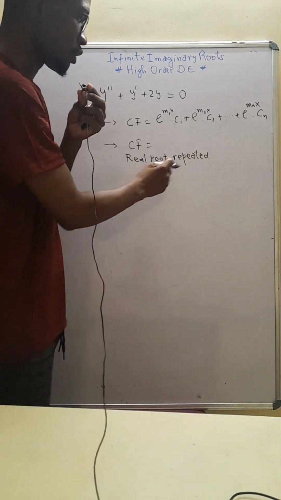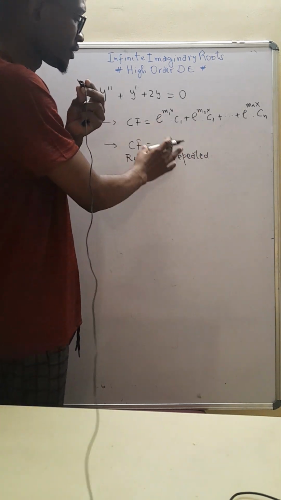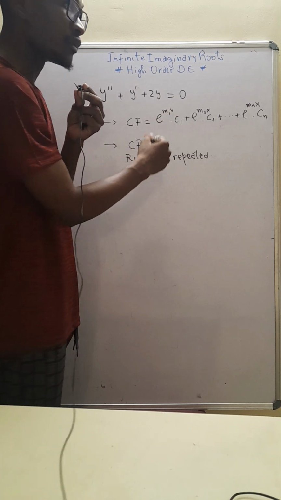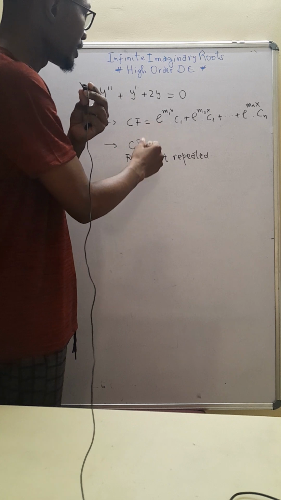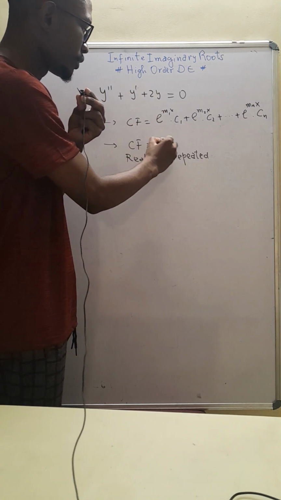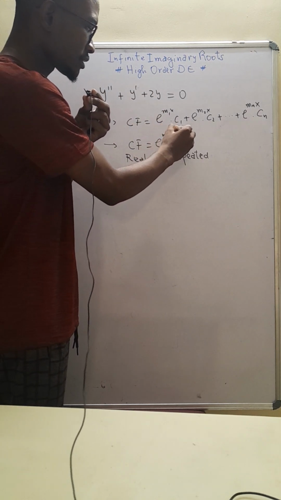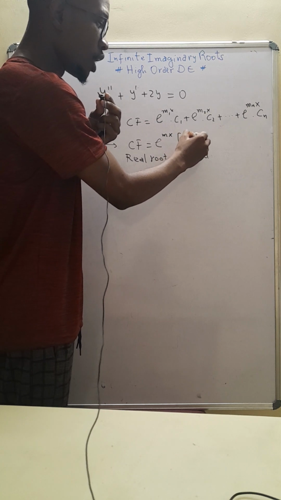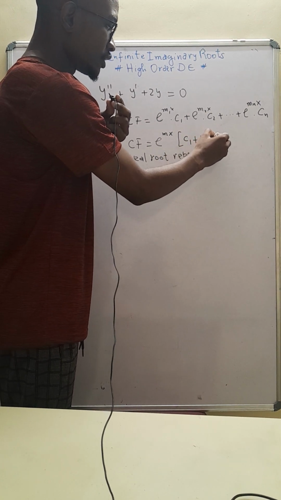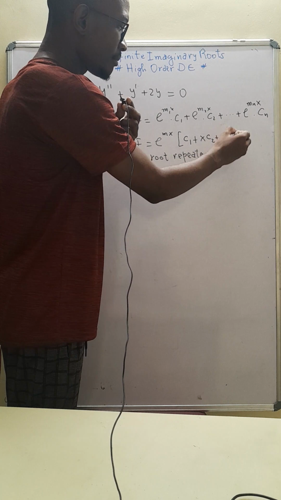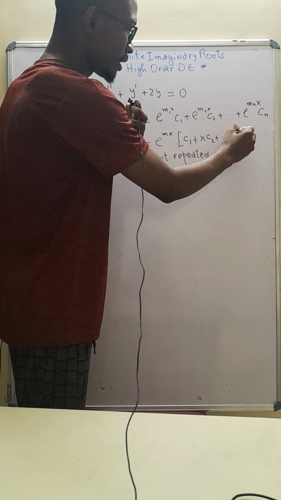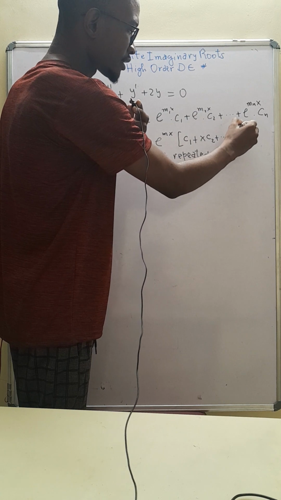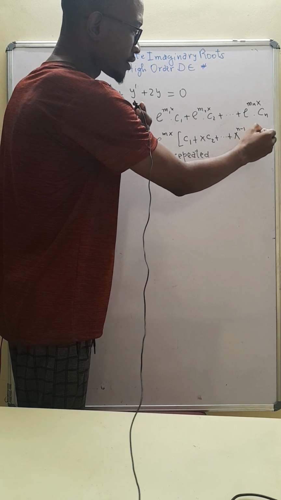So when we have a repeated real root, the general solution of the homogeneous differential equation should be something like Euler raised to m x times C1 plus x C2 plus ... plus x raised to n minus 1 times Cn.